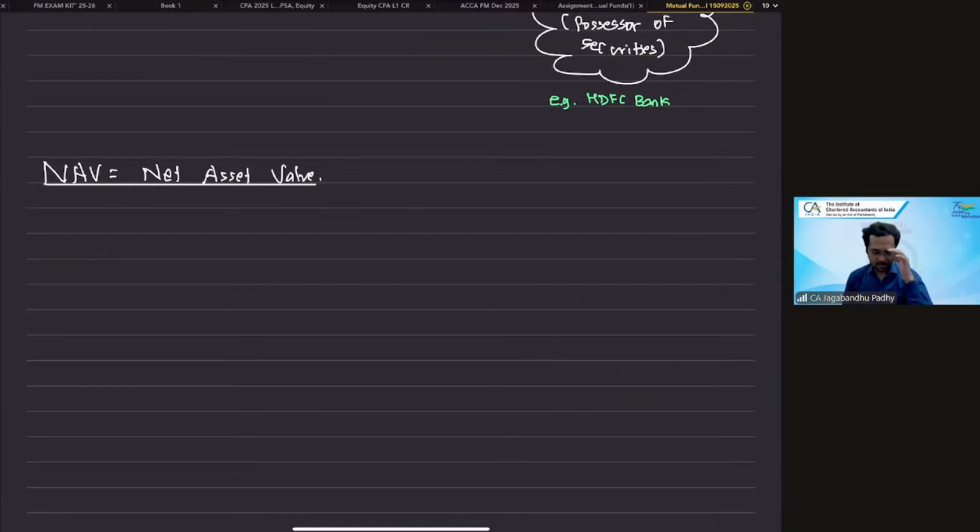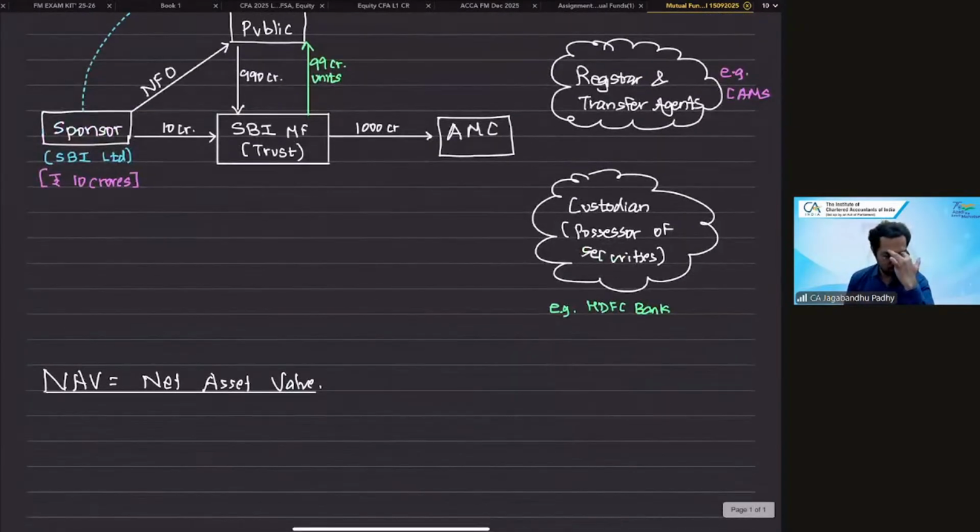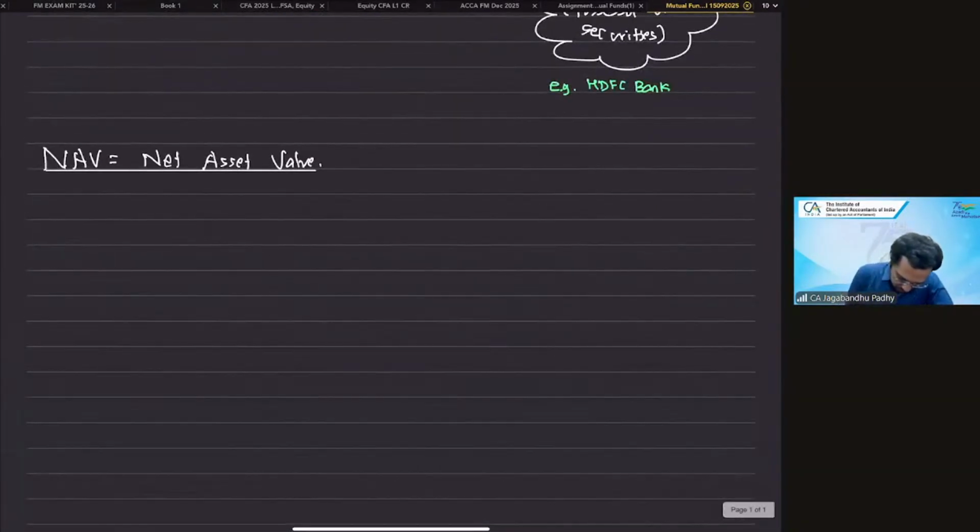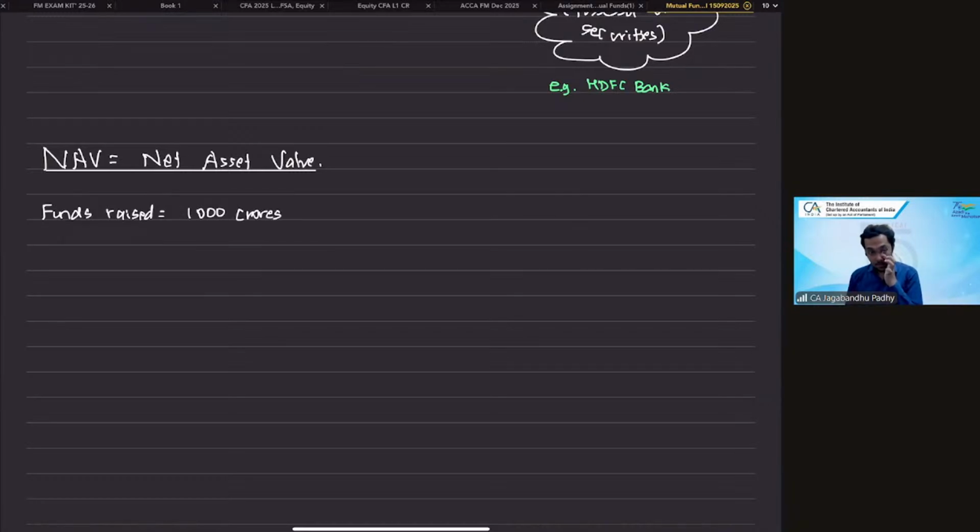Let's take the same case as our mutual fund, wherein we have raised, let's say, 1,000 crores. So funds raised is 1,000 crores.